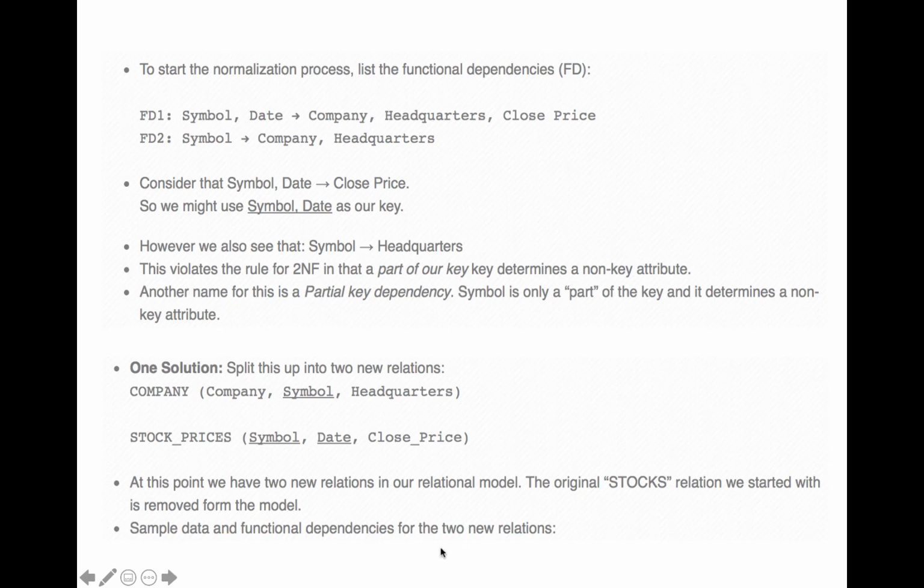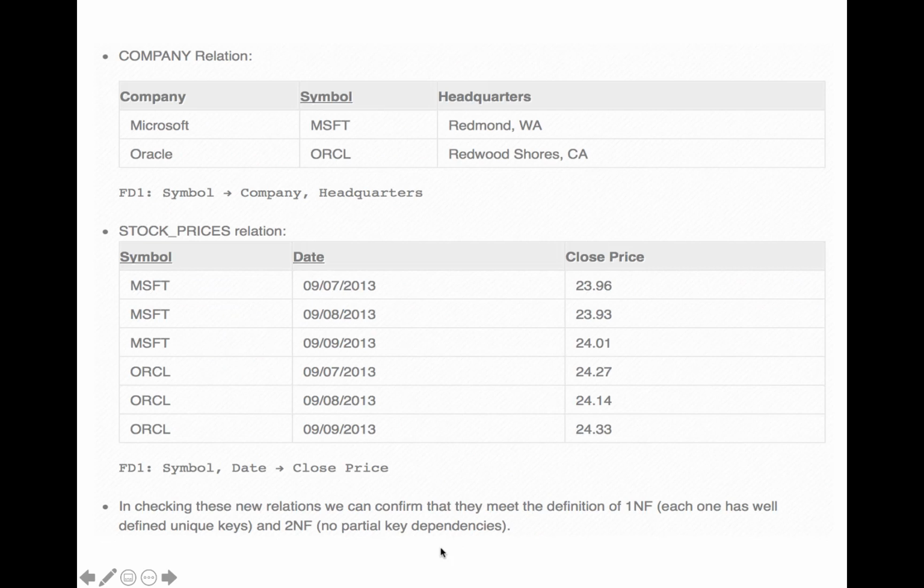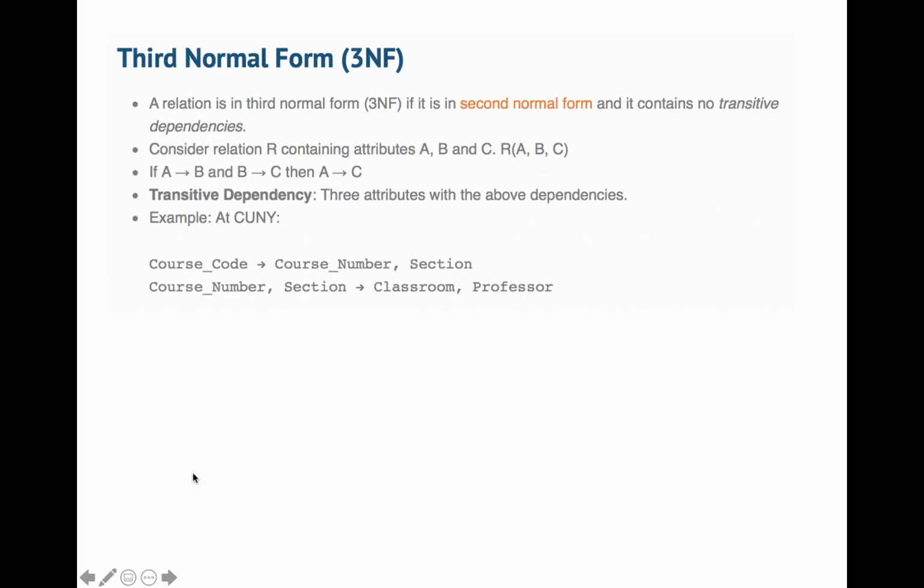Now some sample data and new functional dependencies are over here, which is fine. And now this is in the second normal form, because in the first place the primary key is one key, and this one is also in the second normal form, because close price is defined by symbol and date, and there are no partial dependencies. So for now, first normal form, second normal form.